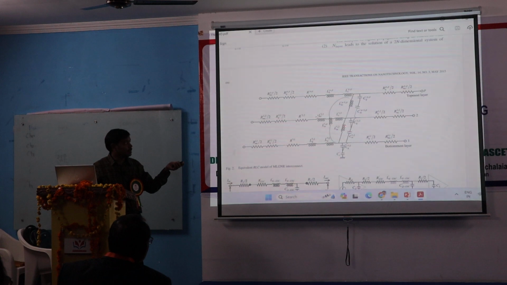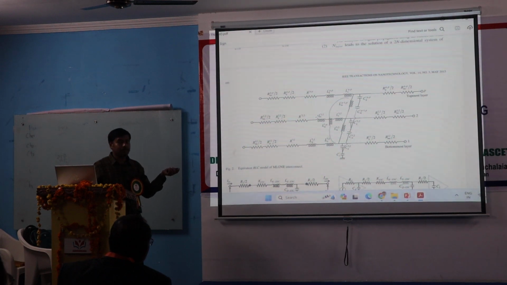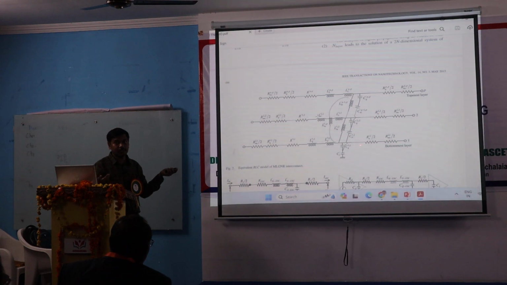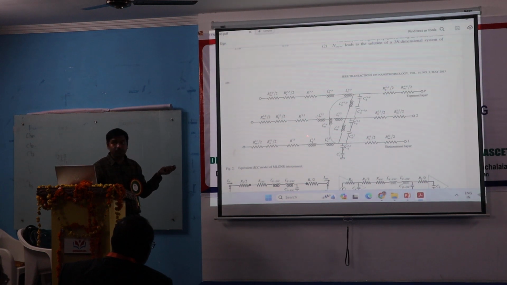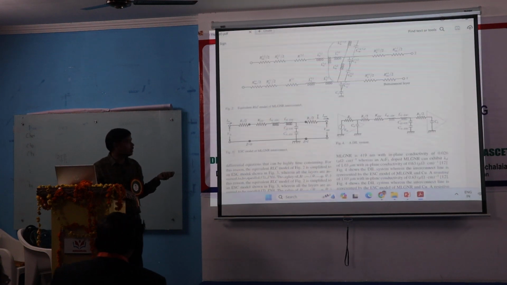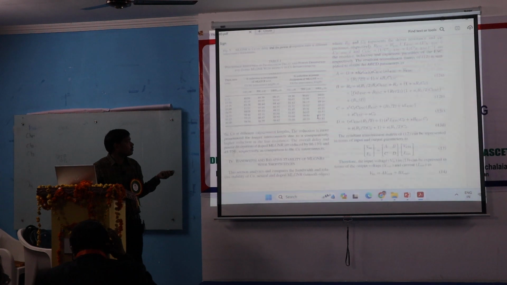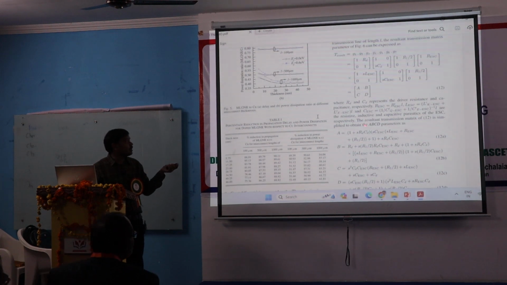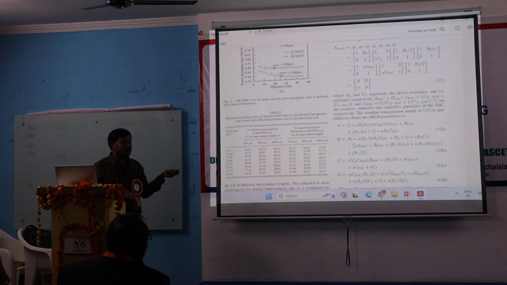It means using this model, we can do the simulations using any SPICE software. You have no need of quantum level tools, high-end tools or high-end processors. You just use the RLC equivalent model and design. And this is the ABCD model that I developed. ABCD parameters you already know.